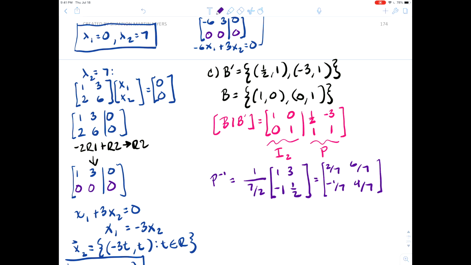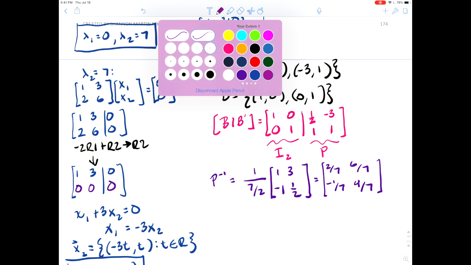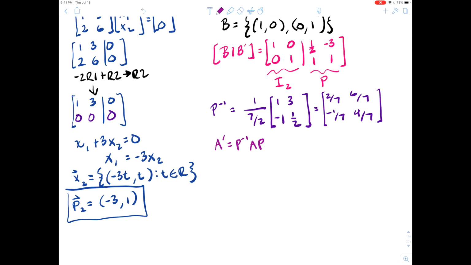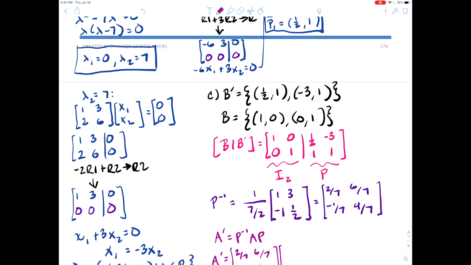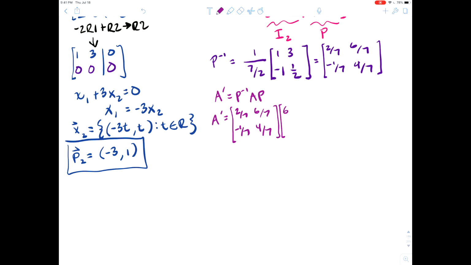Cool? All right, so now remember that A prime is equal to P inverse times A times P. So A prime will be, this was our P inverse, and A was the one given in the problem that we were working with, so 6, -3, -2, 1.